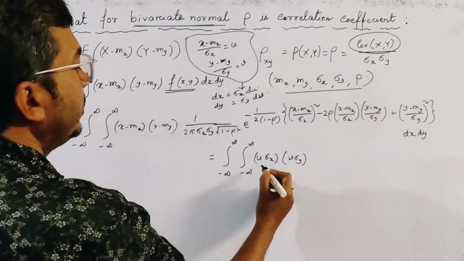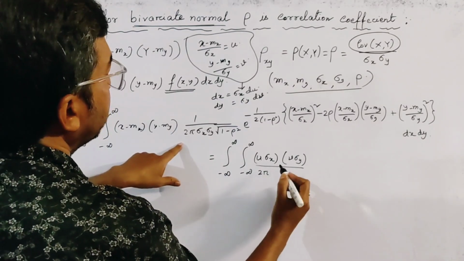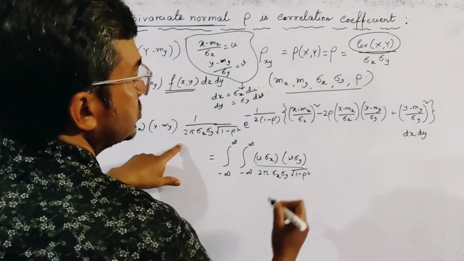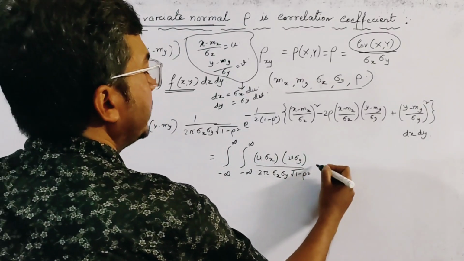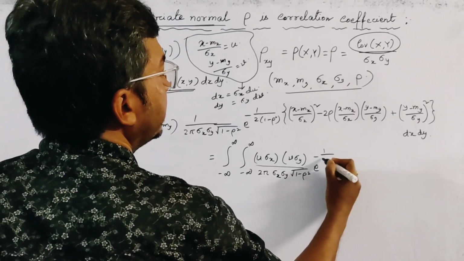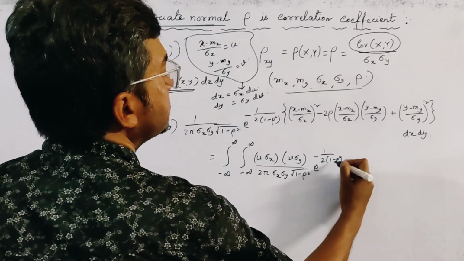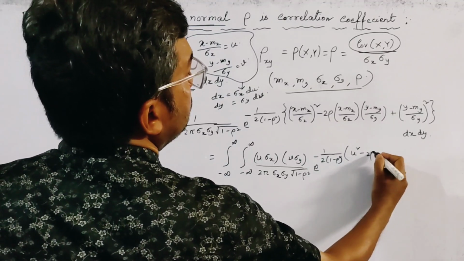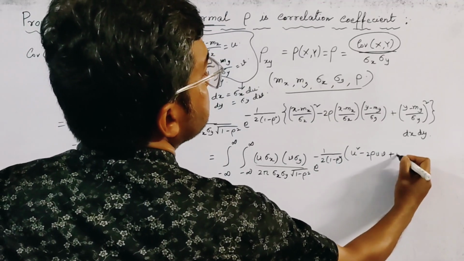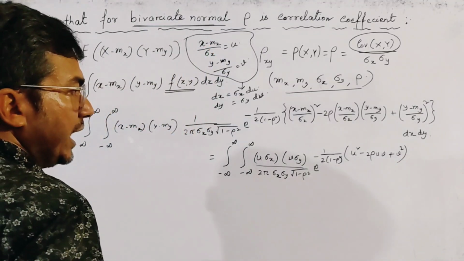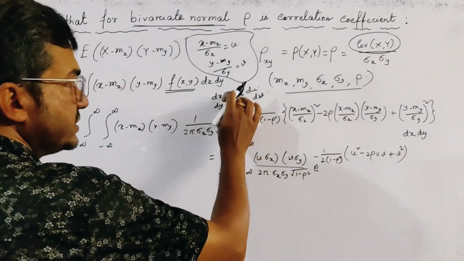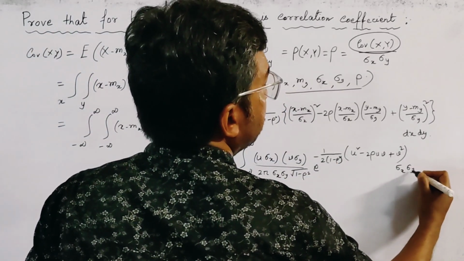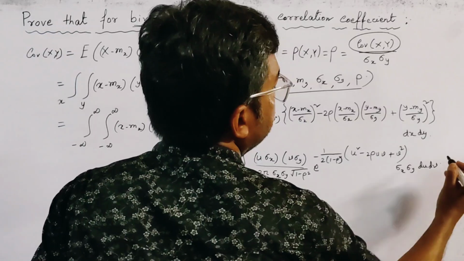Okay, and we write here 2 pi sigma x sigma y root of 1 minus rho square, and the exponent is written as e to the power minus 1 by 2 into 1 minus rho square into u square minus 2 rho u v plus v square, and dx dy means sigma x sigma y du dv.